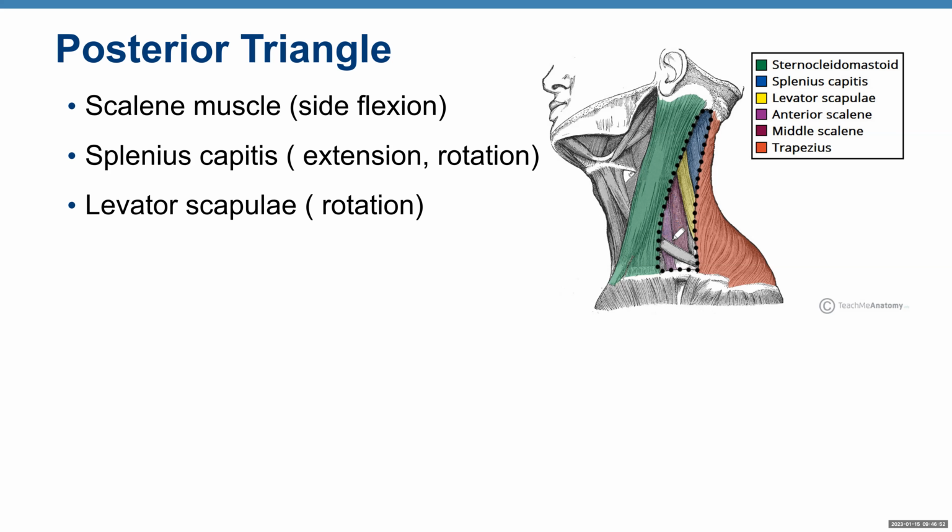Then we have levator scapulae, shown here in yellow, and splenius capitis, shown in blue, for extension and rotation of your neck. Now, this muscle on the back is trapezius.